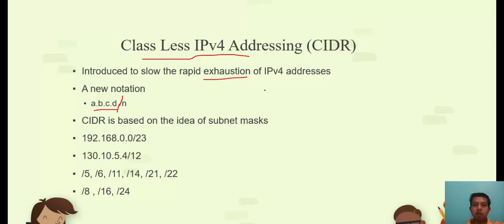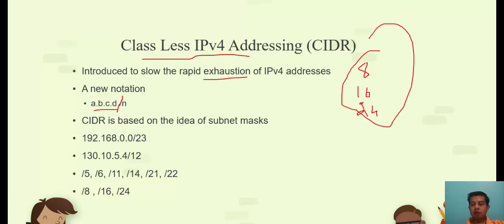for the networking part. In classful, what happened? They fixed the number of bits for the networking and host parts. In class A they had fixed 8 bits, in class B 16 bits, and in class C 24 bits for the network part, and this was causing a lot of IP addresses to go waste. So they thought, why don't we remove this concept of classful? They introduced classless.